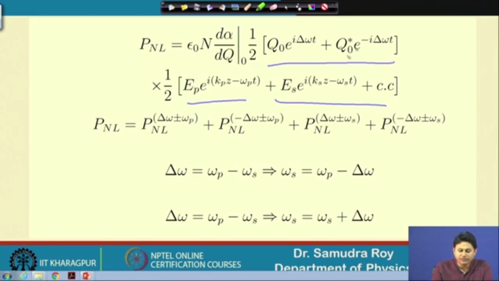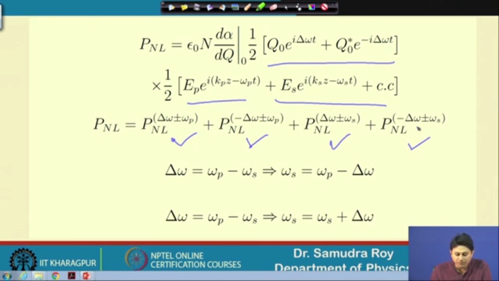So, different frequency components, as I mentioned in the previous slide, should be here, and if I write all these components, P nonlinear should have this frequency component, this frequency component, this frequency component, this frequency component. So, total 8: there are 2 frequency components here, here we also have 2, here also we have 2 and 2, total 8 different frequency components it should have.